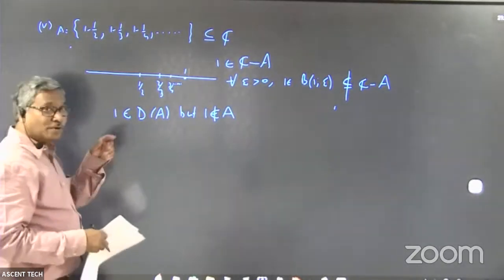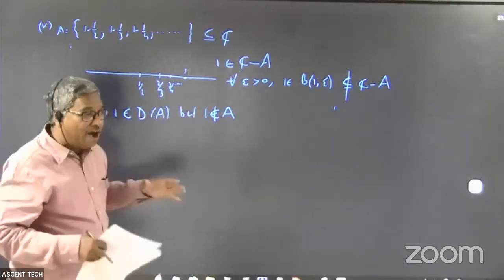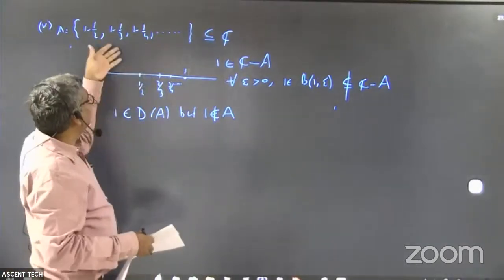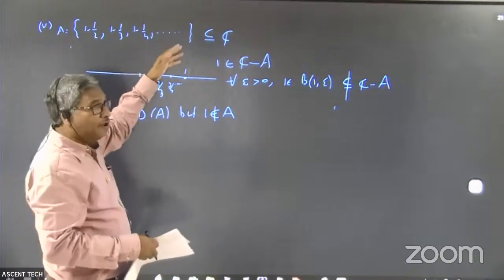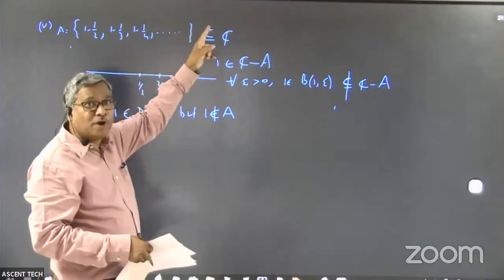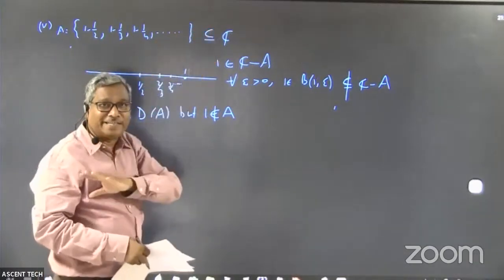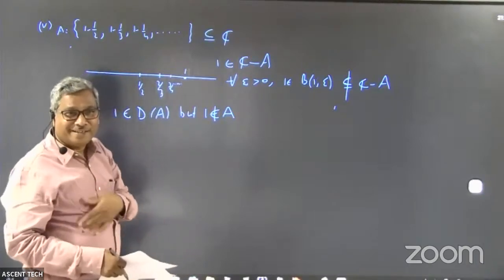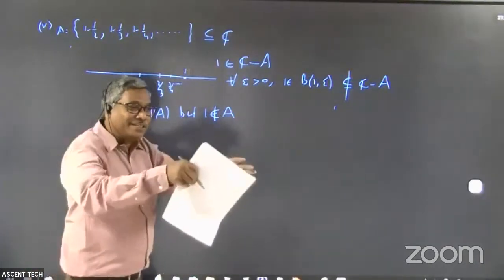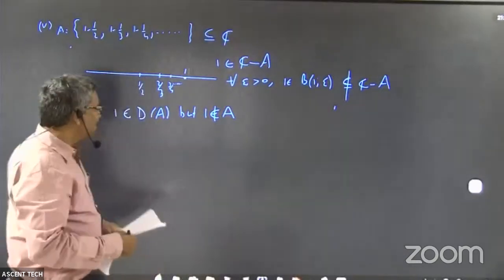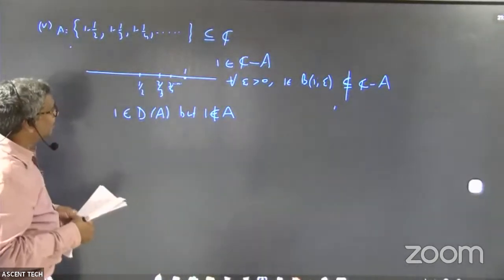If you want A to be closed, the derived set of A should be inside. All the limit points should be inside A. What is happening is all these things somehow are seeping into 1, which is outside. I don't like that. If it's closed, limits should be inside. So that is why it is not a closed set.